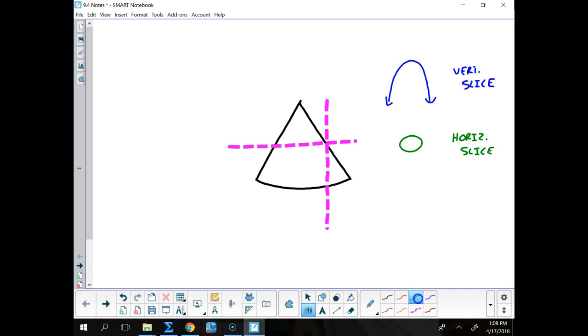If I slice it vertically, I'm left with a parabola. If I slice it at an angle, I get an ellipse.